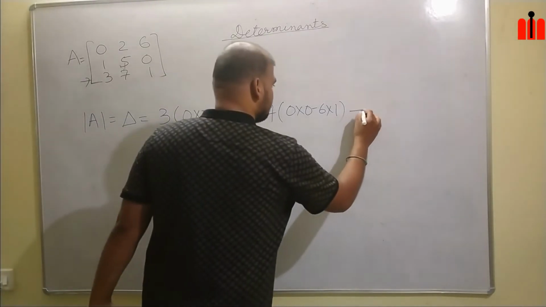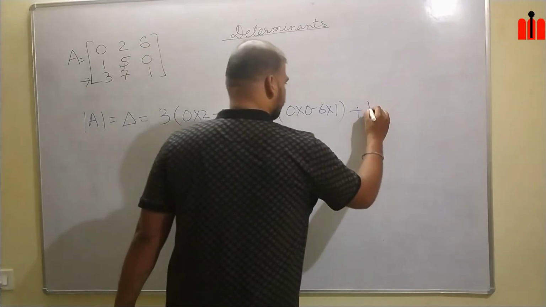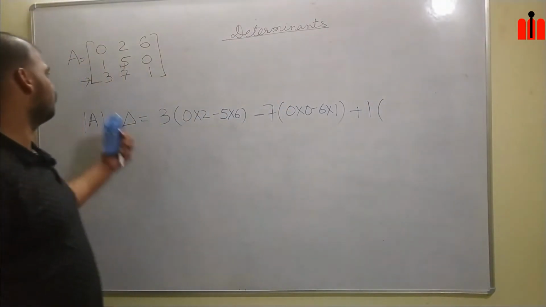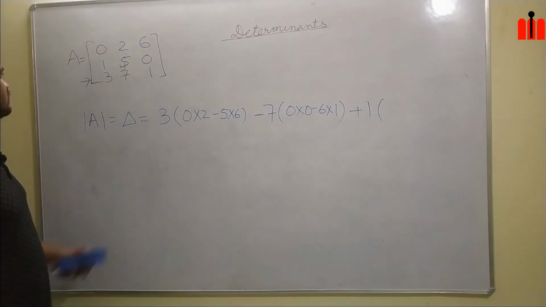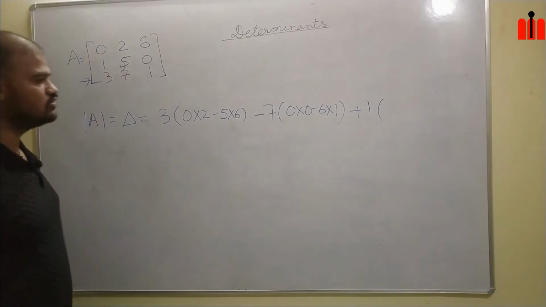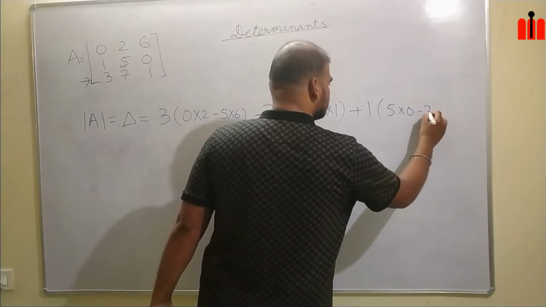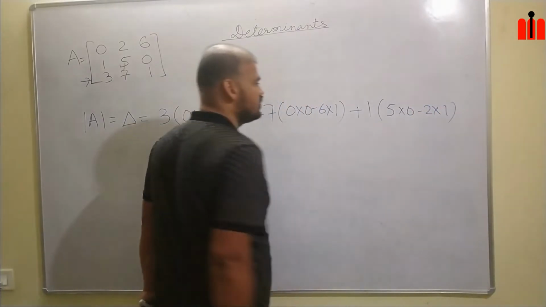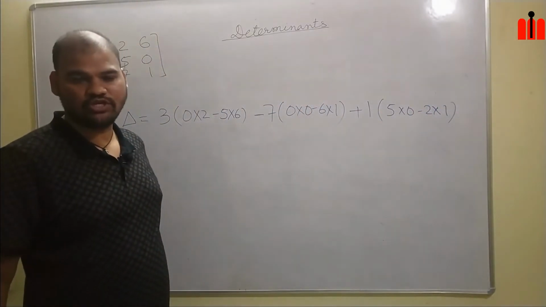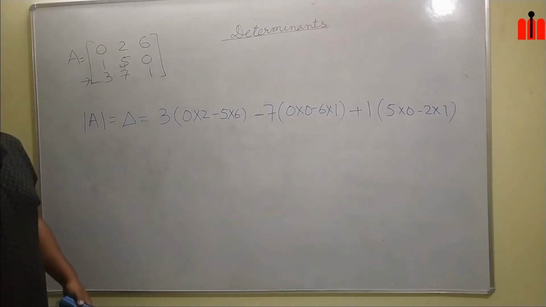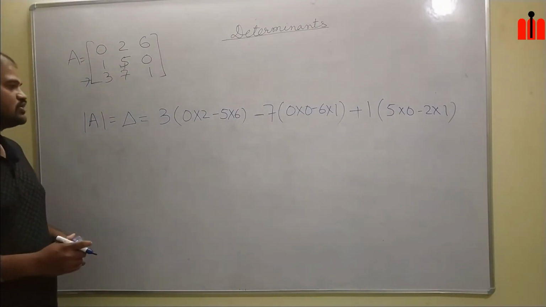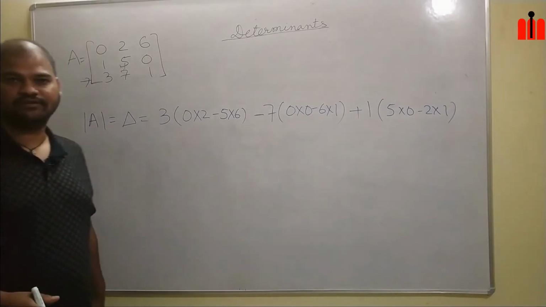My last element is A33, which is 1, and what will be the minor of that? It will be 5 into 0 minus 2 into 1. Here the cofactor will be positive because it is 3, 3, and 3 plus 3 is even, right? So this will be my determinant.